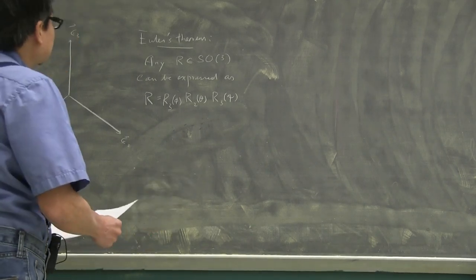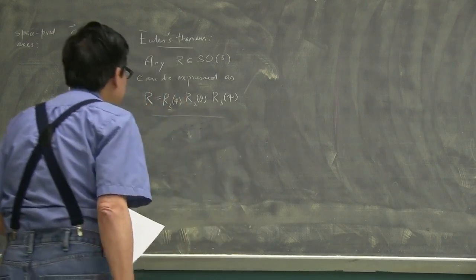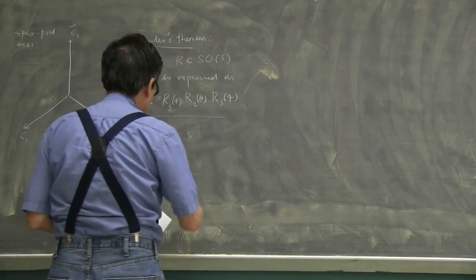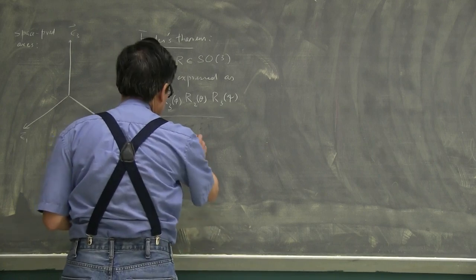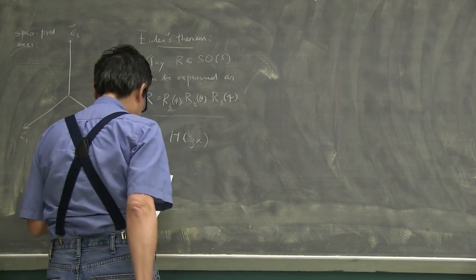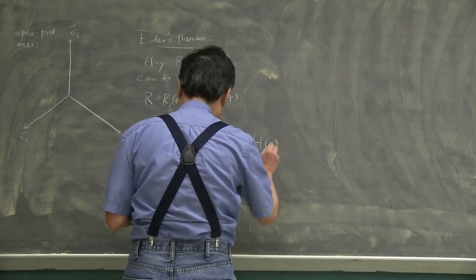The proof of this theorem, which we did already last time, so I won't repeat it, was based on a very important lemma relating isotropy subgroups.